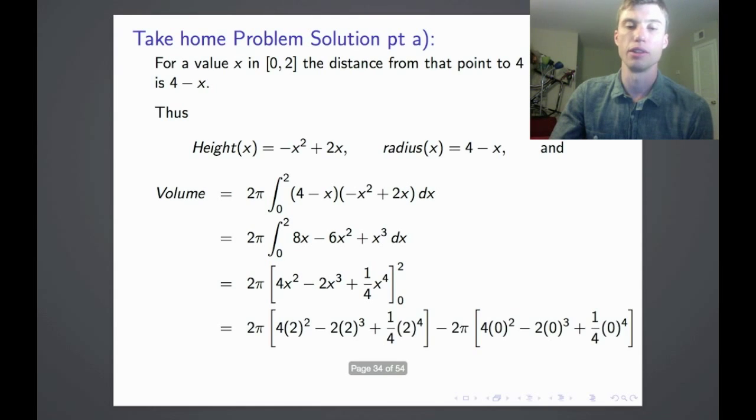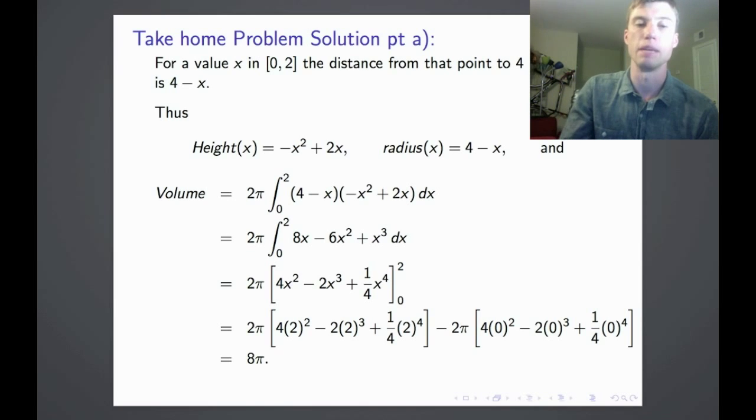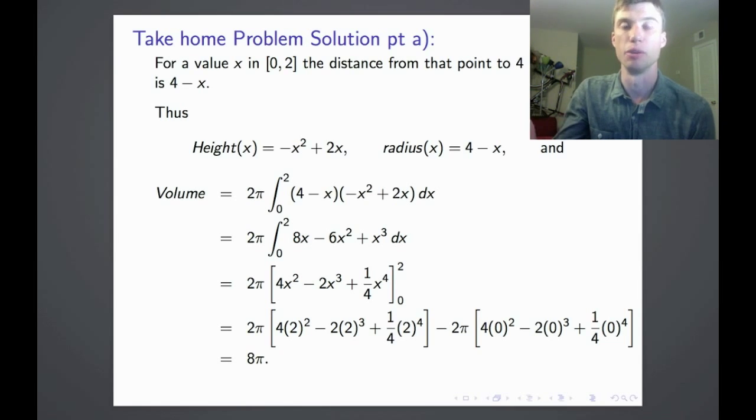We will evaluate this from 0 to 2, and after simplifying, this becomes 8 pi. It's good to get a simple form in this part. Looking ahead, remember we have to find the value of a for which the volume in the second part equals the first part, so we need a simple answer.